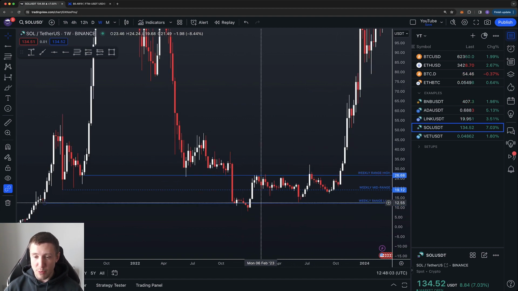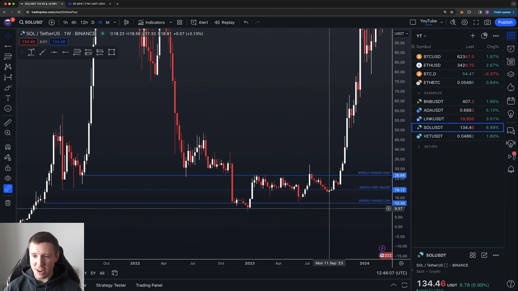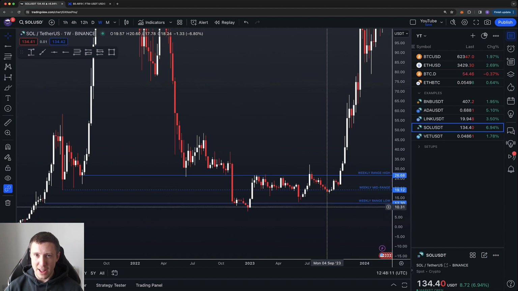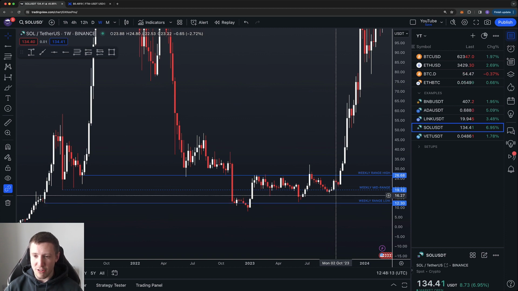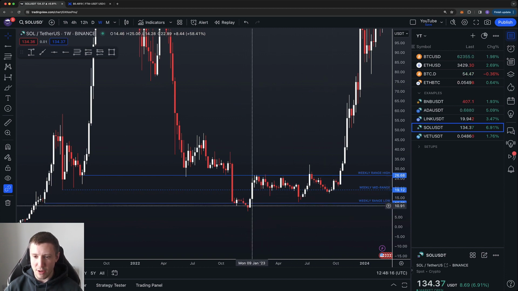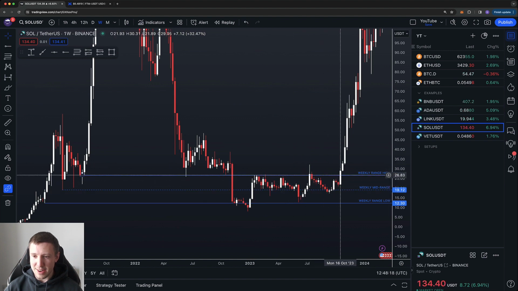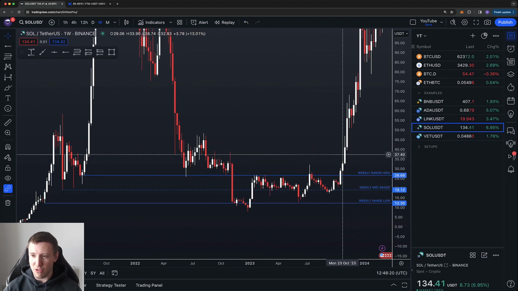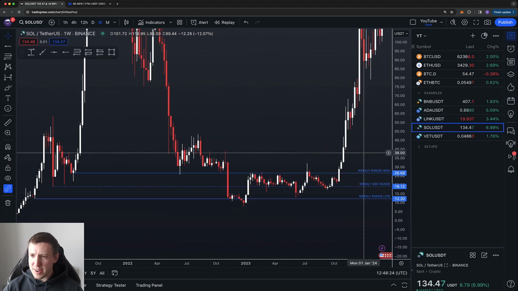So once you've had a deviation of the range low and a deviation of the range high, the next break of that range is usually, 9 times out of 10, going to be a strong move in that direction. As you can see from this example, we had the deviation of the low, the deviation of the highs, and then once we broke the highs, we were off to the races. So this not only works in higher time frames, but works in lower time frames as well.